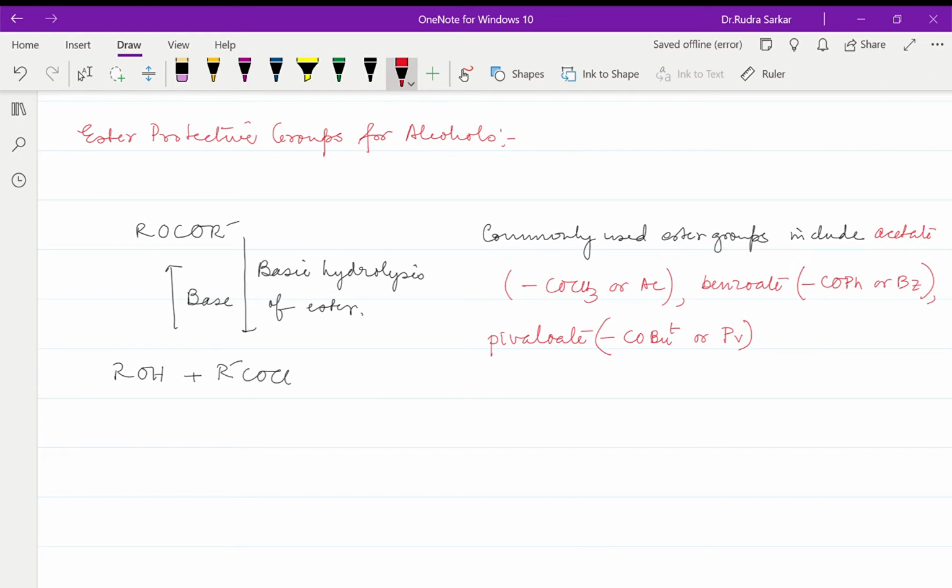And these will be used for esterification of what? Used for esterification of primary alcohols mainly.